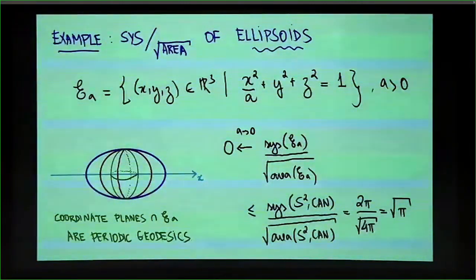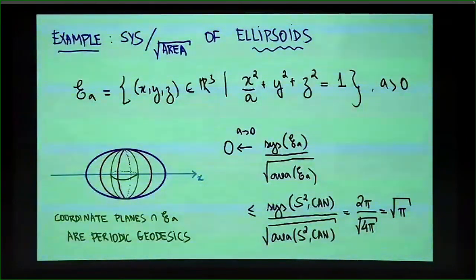The ellipsoids are particularly simple to understand because it's very easy to check that the coordinate planes intersected with the ellipsoids are periodic geodesics. So you have for free three geodesics whose length you can use to estimate the systole from above. The systole is the smallest possible length. You have three geodesics. The length of each one of them will give you an upper bound.